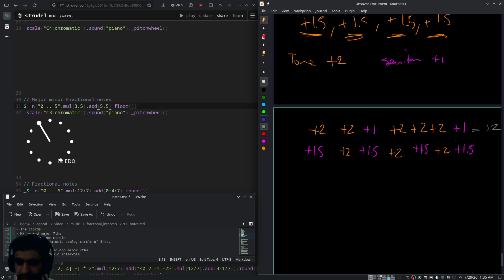If I add all of these, I also get 12. But this is a more even way to split them, because now we can divide by 2. So we can take a more granular approach to all of this.